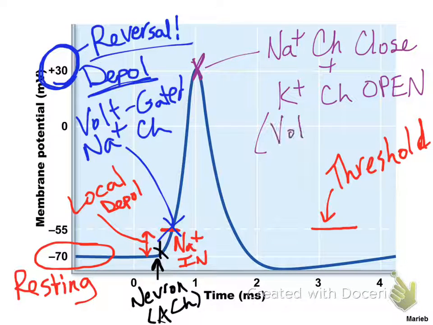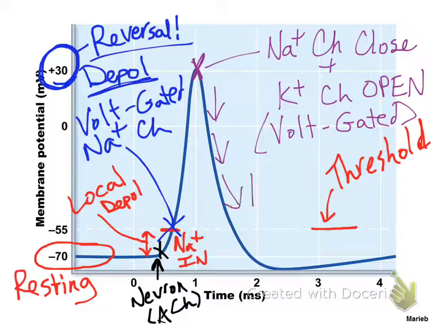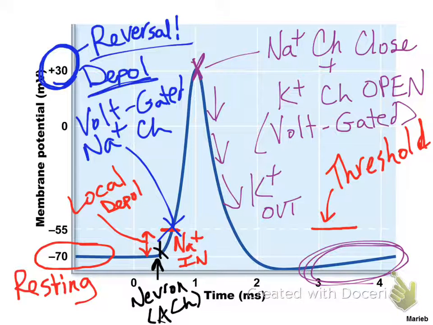So we have other voltage-gated channels opening now. And what direction did the potassium move? Out of the cell. So through this full part of the curve, we have potassium moving out, and that's restoring our membrane potential, bringing it back to its resting point. So remember what we called that? We called that repolarization.